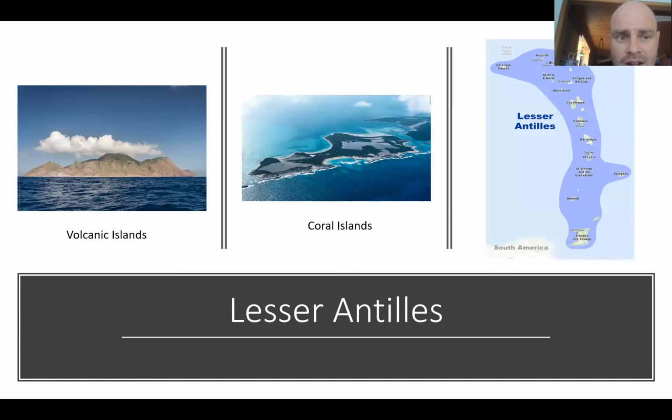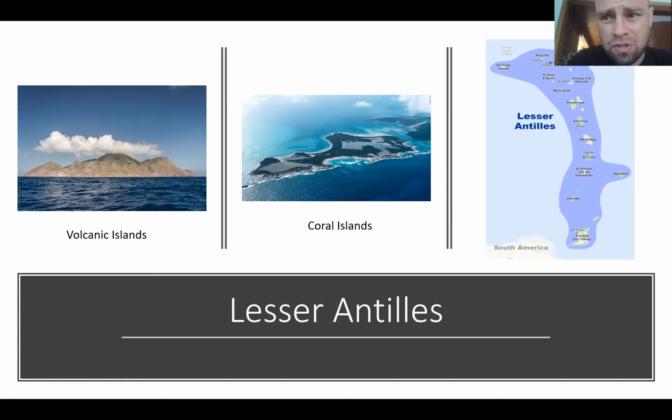And then further to the east and the south, we have the Lesser Antilles. So the Lesser Antilles are a chain of islands that are a lot smaller. They're going from the Virgin Islands to Trinidad and Tobago. They're also really diverse. So there are different kinds of islands in the Lesser Antilles. I guess it's where a couple plates meet. And so we have a number of volcanic islands in the Lesser Antilles. These are places like Guadeloupe, for example, or Ceiba.